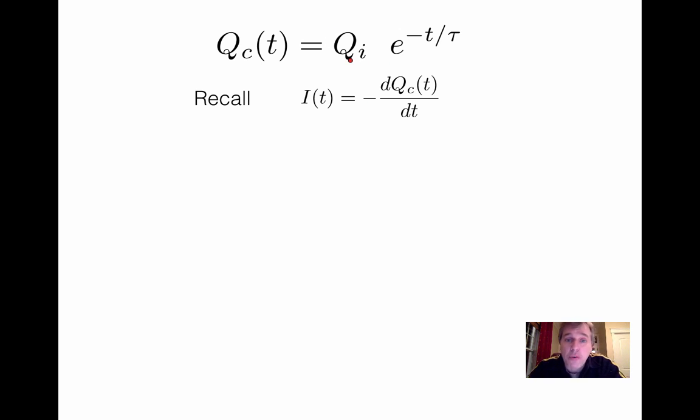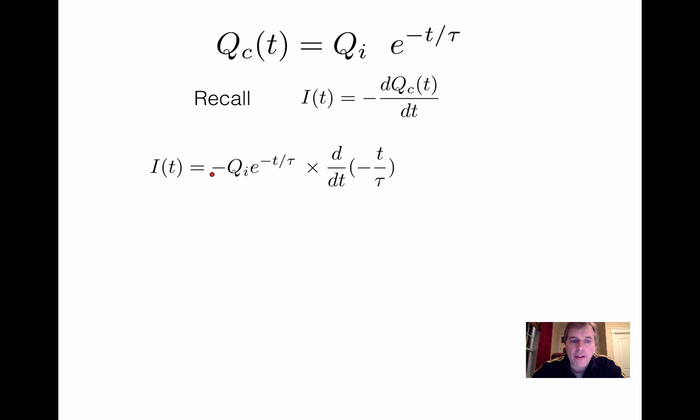Qi is a constant, so you can move Qi in front of the derivative. Then you differentiate the exponential. The derivative of the exponential gives the exponential back, multiplied by the derivative of the exponent, because we're applying the chain rule.